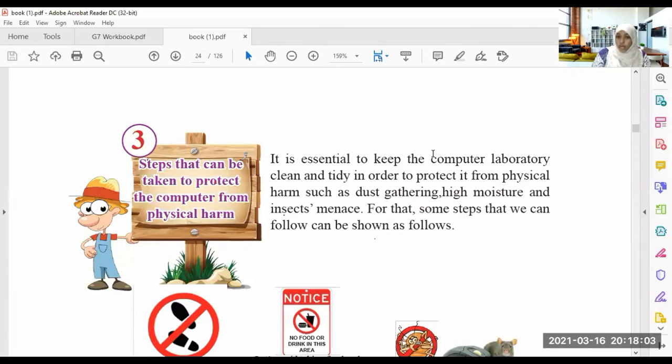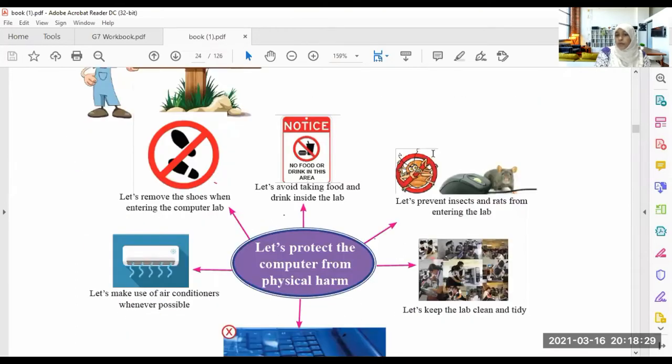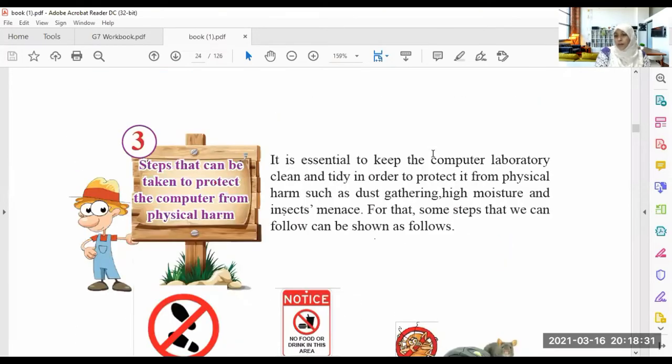So dust can come inside the computer. Dust can be gathered inside the computer laboratory. Insects like rats, ants, small insects can come inside the computer laboratory. So those things can harm our computer, right? So how to prevent it? What are the steps we can take to protect our computer from the physical harm?